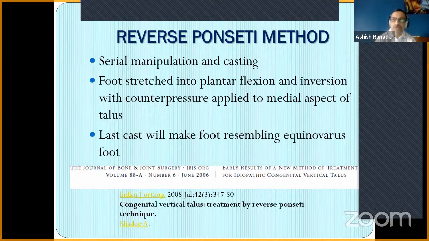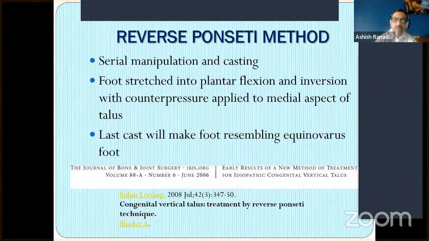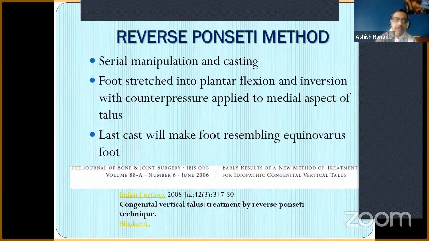One is trying to reduce the dorsally dislocated navicular, and at the same time we are trying to reduce the plantar flexion of the talus, but that may not be possible, and it may look like we are recreating a cavovarus foot, or with every cast we are trying to increase the varus and plantar flexion.